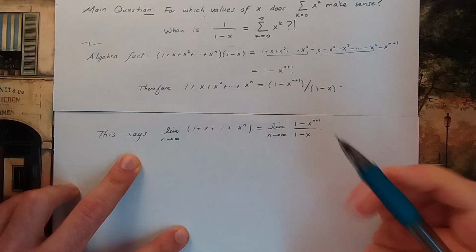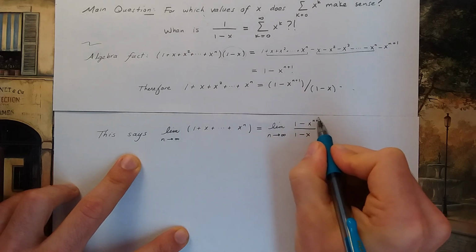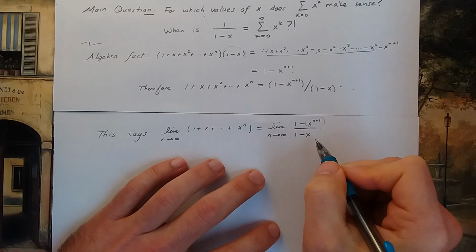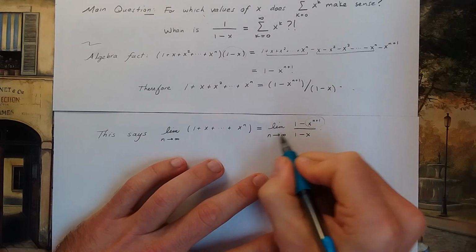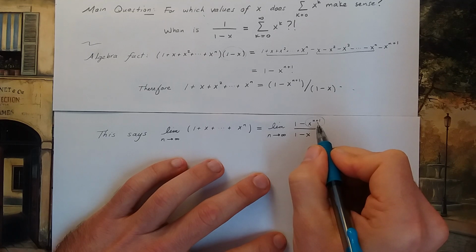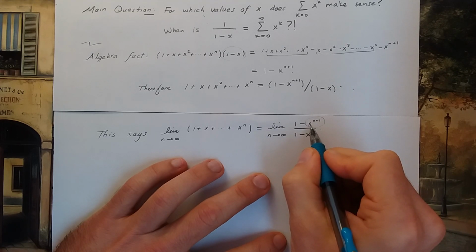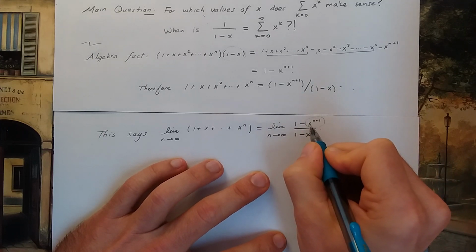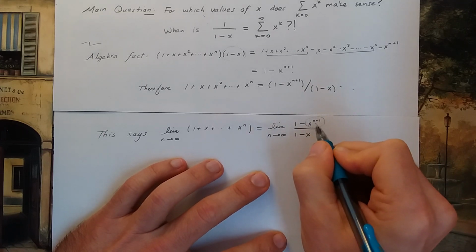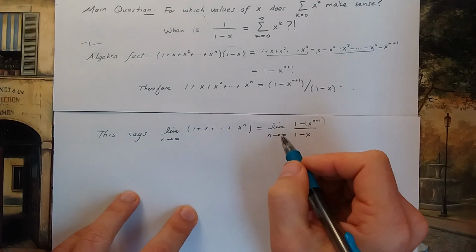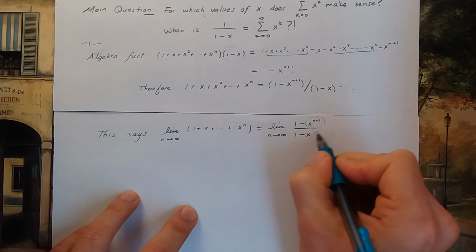Now the only thing that involves n here is this x to the n plus 1 power. If n gets bigger and bigger, I'm taking x to bigger and bigger powers. If x is a number bigger than 1, like say, for example, x is 5, 5 to bigger and bigger powers gets bigger and bigger. I don't really want that to happen. I want to figure out when this is actually a finite number.